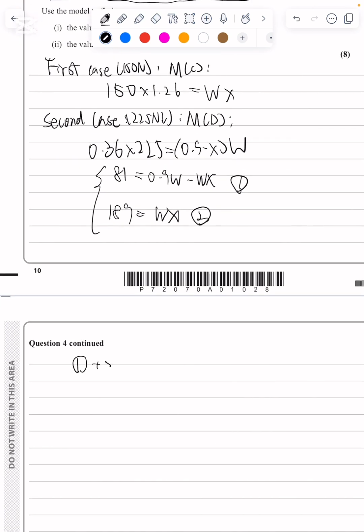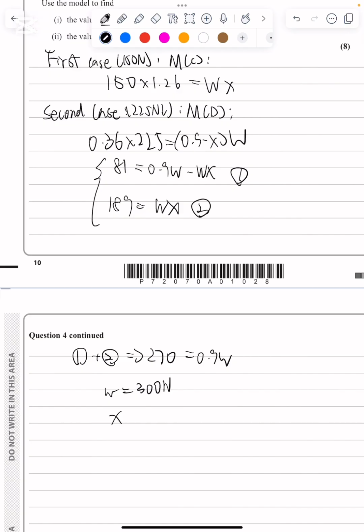If we do 1 plus 2, then we have 270 equals 0.9W. So W must equal 300 newtons. And then x must be 189 divided by 300, so x is 0.63.